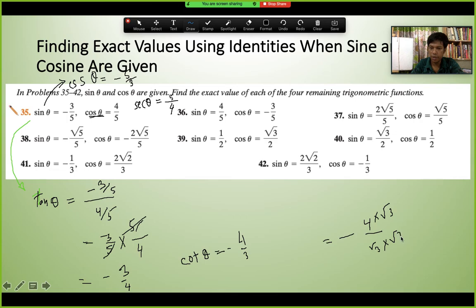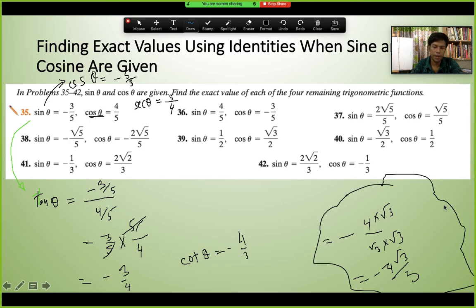It becomes minus 4 root 3 divided by 3. So now your downside is rationalized. For some maths you may see a root number in the downside, and in that case you have to rationalize it, or else all the maths here is just like this. This is the exception.